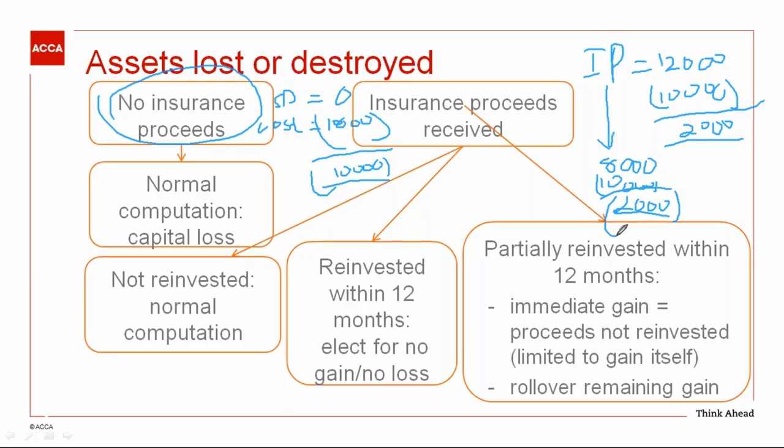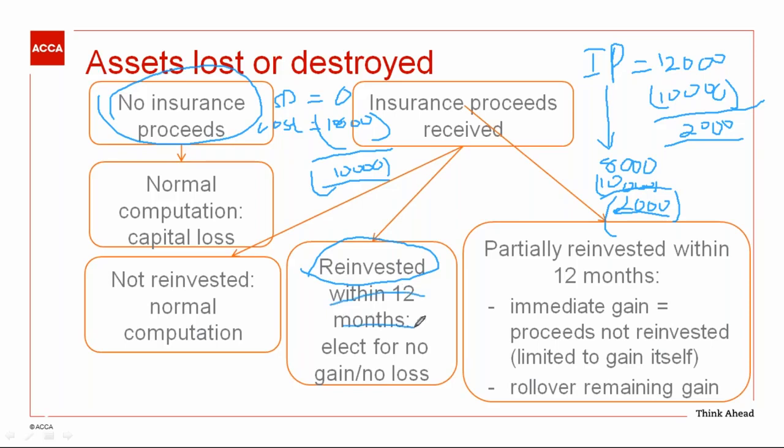Instead, you are going to spend that money to buy a replacement asset. Assume your antique necklace is stolen, but it's insured, and you receive insurance compensation. You're not going to keep that money. From that money, you are going to buy another necklace, a replacement necklace. That is what we call insurance proceeds being reinvested, and that must be done within a period of 12 months.